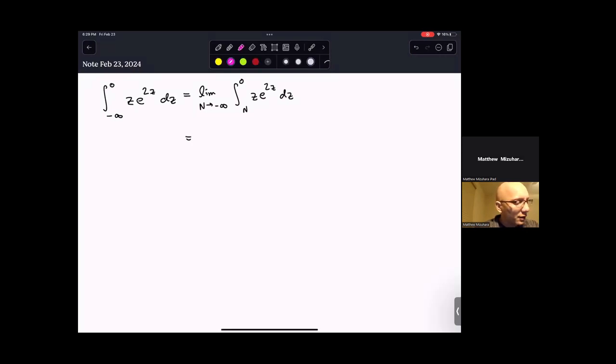Now to solve this integral, this is set up very nicely for integration by parts. So I'm going to let u be z, dv be e to the 2z dz, and then du is dz, and v is 1/2 e to the 2z.